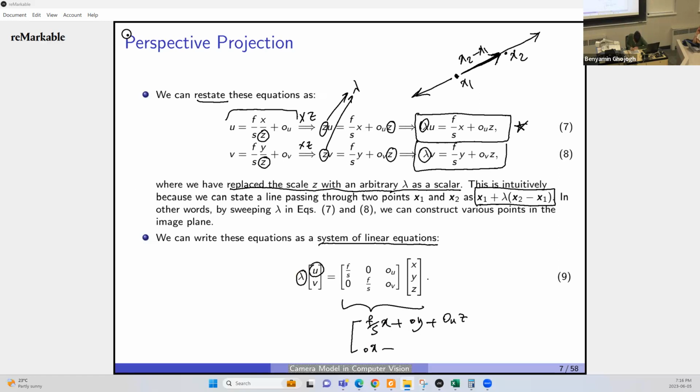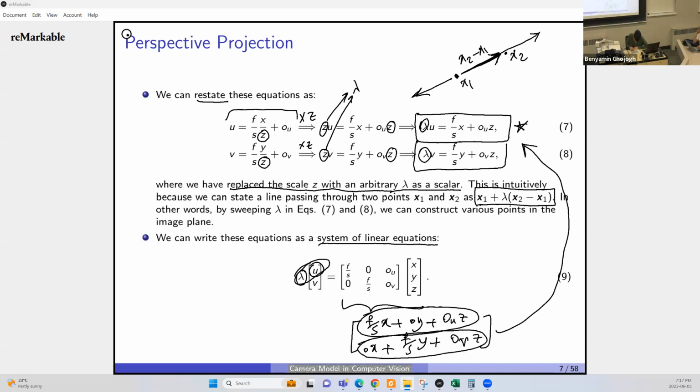Also 0 times x plus f over s times y plus ov times z. And this is exactly what we have here. This first row is for lambda u, and the second row is for lambda v, exactly equations 7 and 8. I stated them as a system of linear equations.